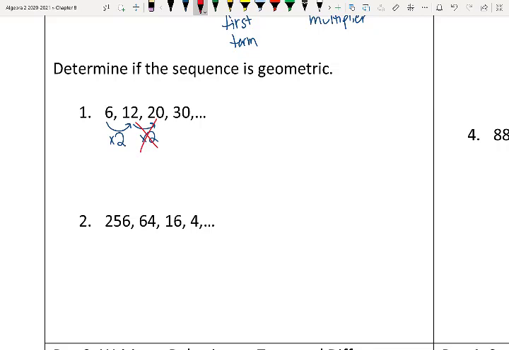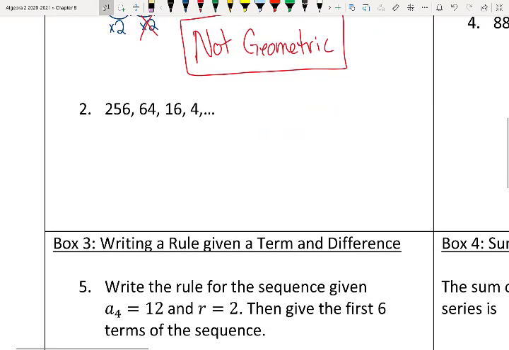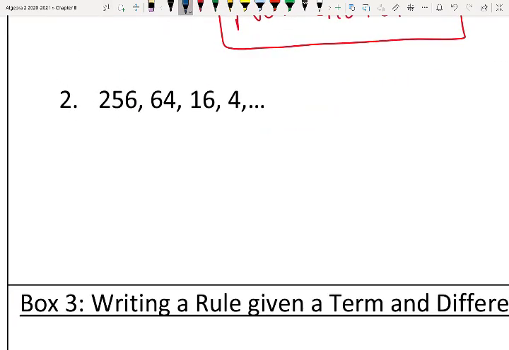So that leads me to conclude that this is not geometric. It would have to be a constant multiplication or division getting me from one to the next in order to be geometric.